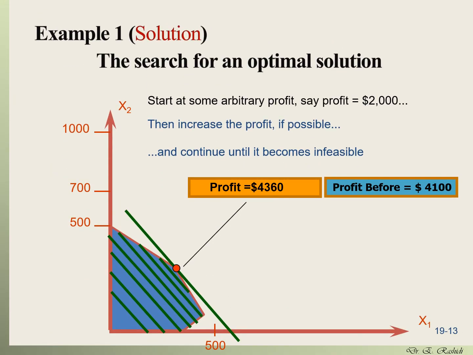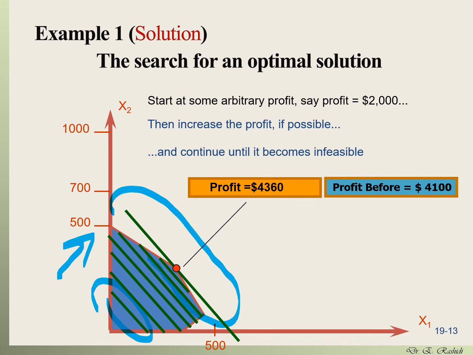Here is the last step of the procedure of finding the optimal solution after you plot all the constraints. These green lines that you see here are the objective function for different x1 and x2. As you see, we have moved the objective function to the right. And this one is the last point that still touches the feasible space.